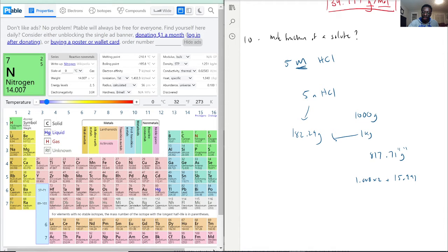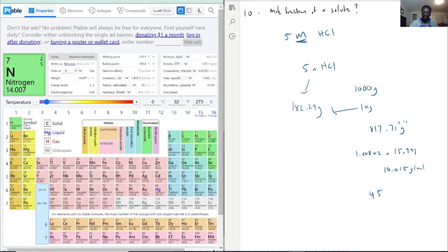Then, because we have the grams here, we have to divide by the molar mass to get how many moles of water that is. And we have about 45.39 moles of H2O as the solvent, okay?